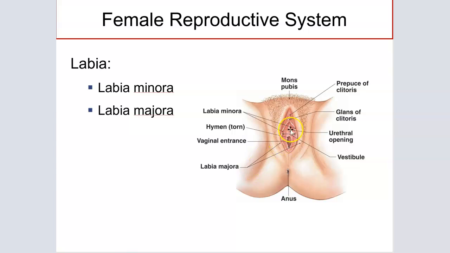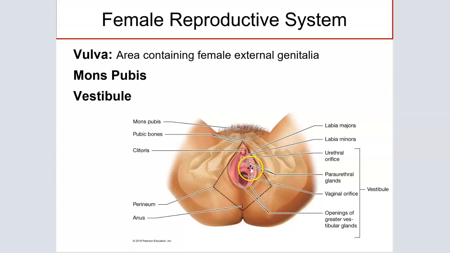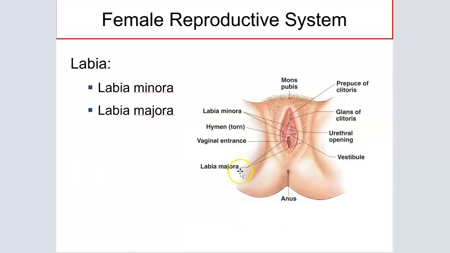The vestibule is technically the area between the labia minora, the smaller folds inside. And then it has the opening to the urethra. You can see the urethral orifice. That's where you're going to put your catheter tube. So it's basically just covered with these labia. Now, the labia minora is the smaller one that folds and covers the vestibule, and those are hairless.